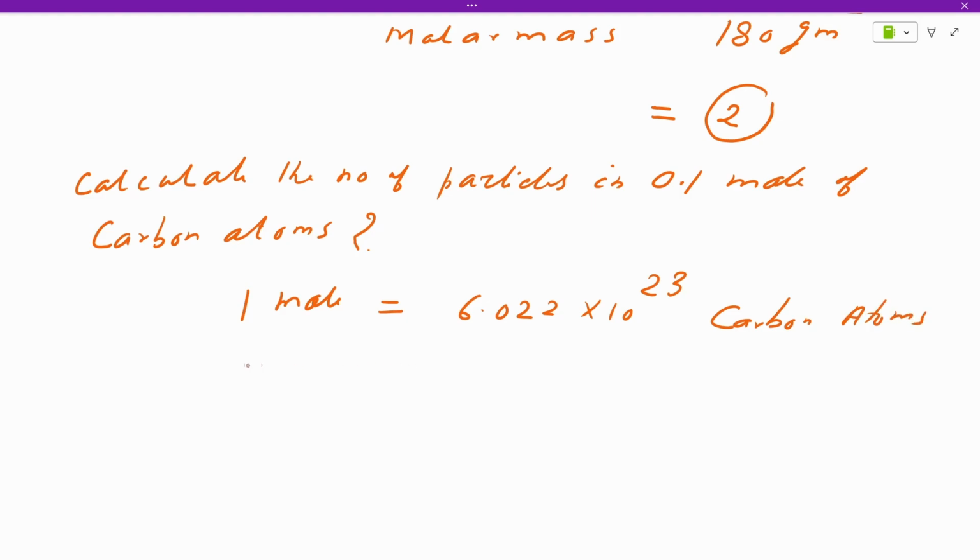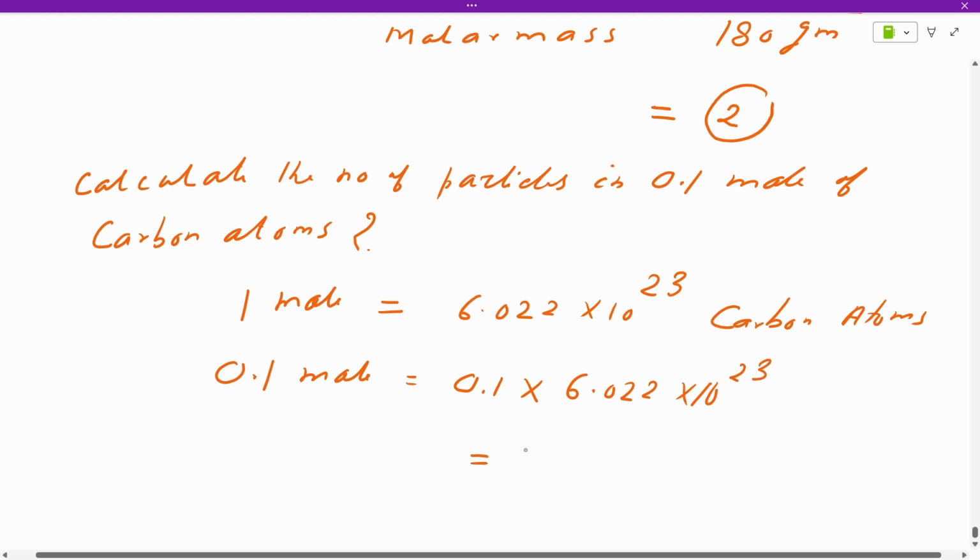So 0.1 mole will have 0.1 into 6.022 into 10 raised power 23. So simply we can say 6.022 into 10 raised power 22 carbon atoms.